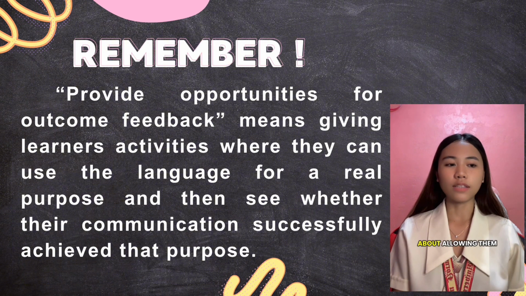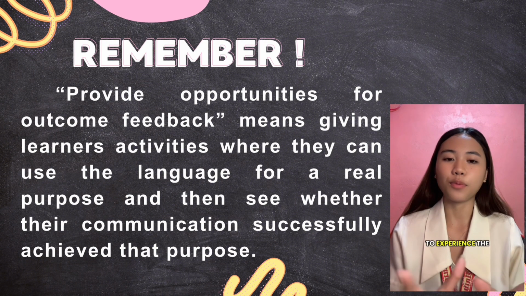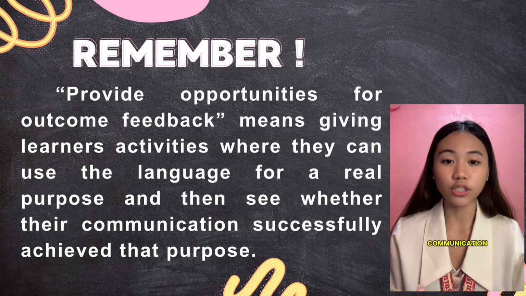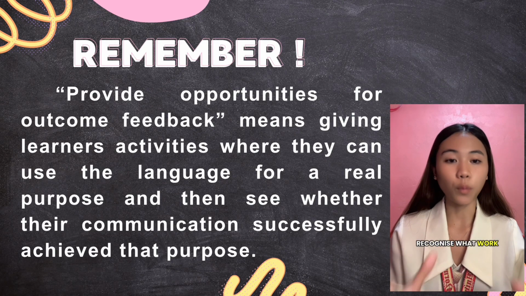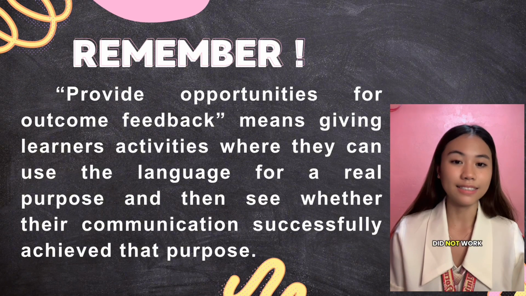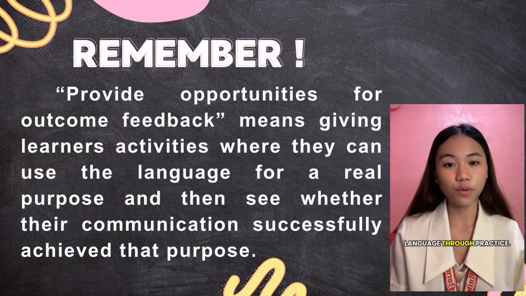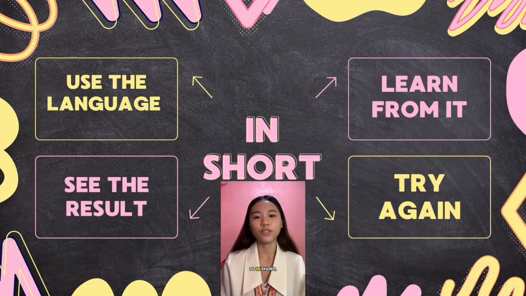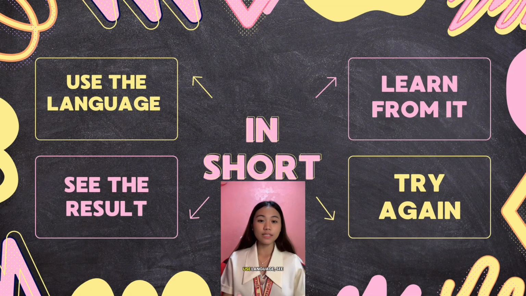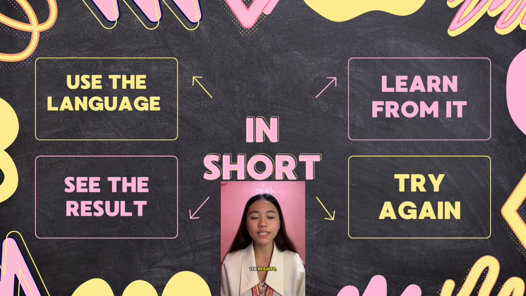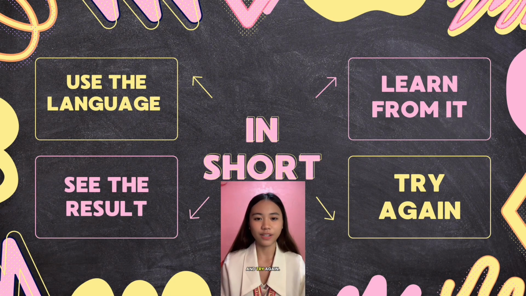It is all about allowing them to experience the results of their communication, recognize what worked, and identify what did not work so that they can improve their language through practice. So, in short, use language, see the results, learn from it, and try again.